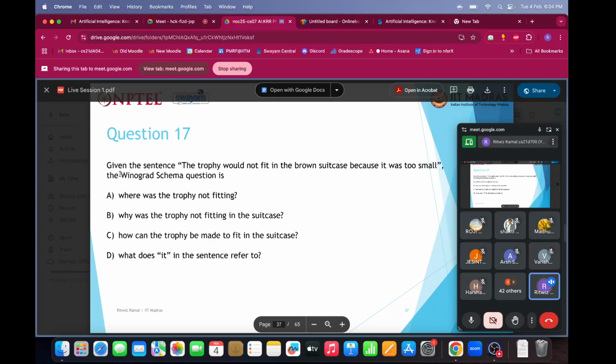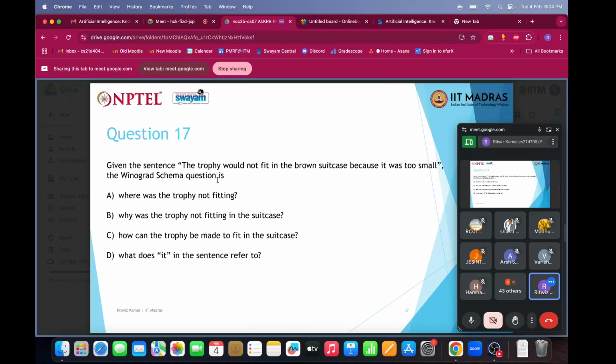The Winograd schema question is what? We have to answer what exactly is the Winograd schema question. So what do you think would be the correct answer in this case?